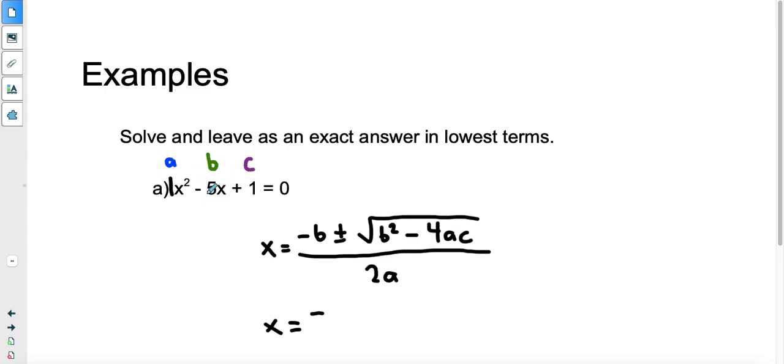B is negative 5, so that's what I'm going to plug in for b. Plus or minus the square root of b squared. Again, b is just equal to negative 5, so that's what I'm going to plug in for b.